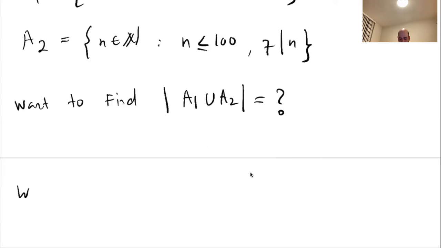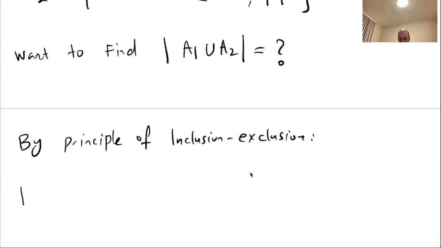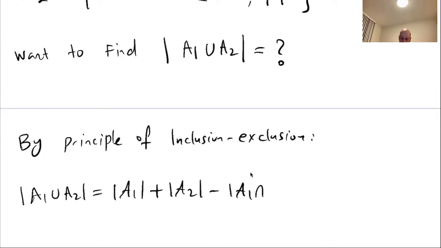So what do we know by the principle of inclusion exclusion? The number of elements in A1 union A2 is equal to the number of elements in A1 plus the number of elements in A2 minus the number of elements in the intersection.